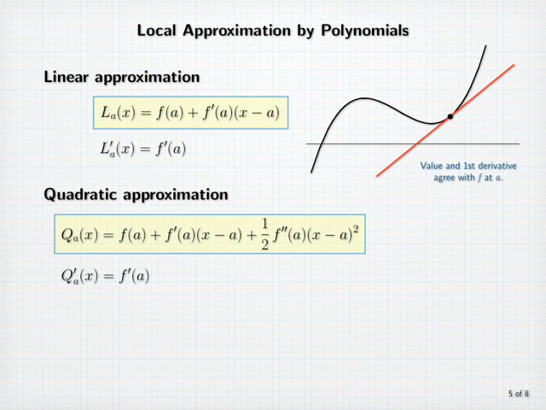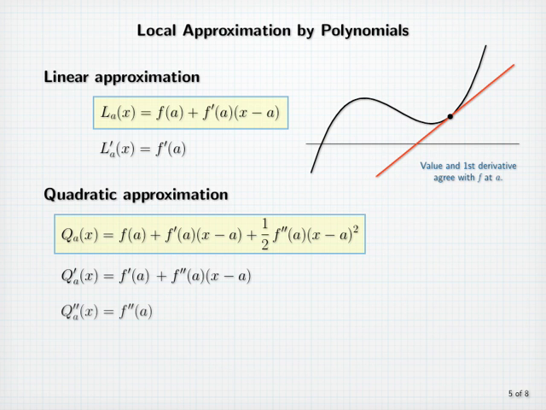Q prime sub a of x is equal to the derivative of f of a, which is 0, plus the derivative of f prime of a times x minus a, which is the constant f prime of a, plus the derivative of the quadratic term, which by the power rule will be f double prime of a times x minus a to the first power.